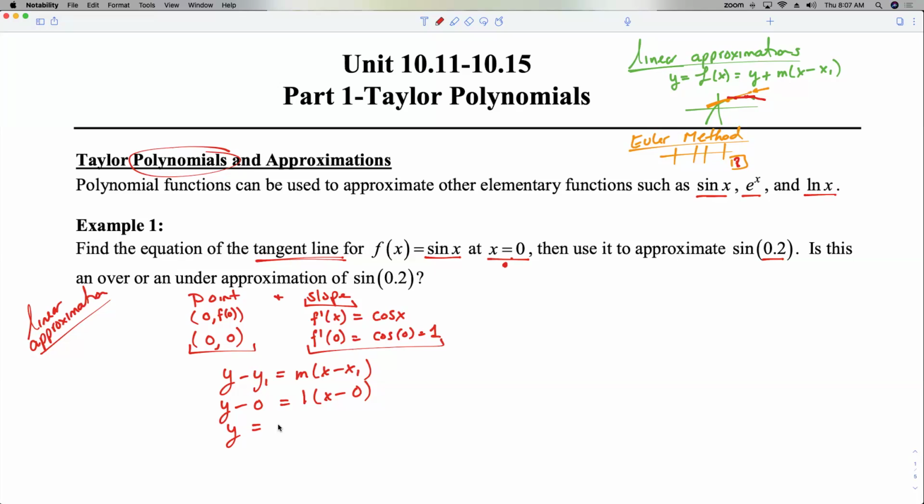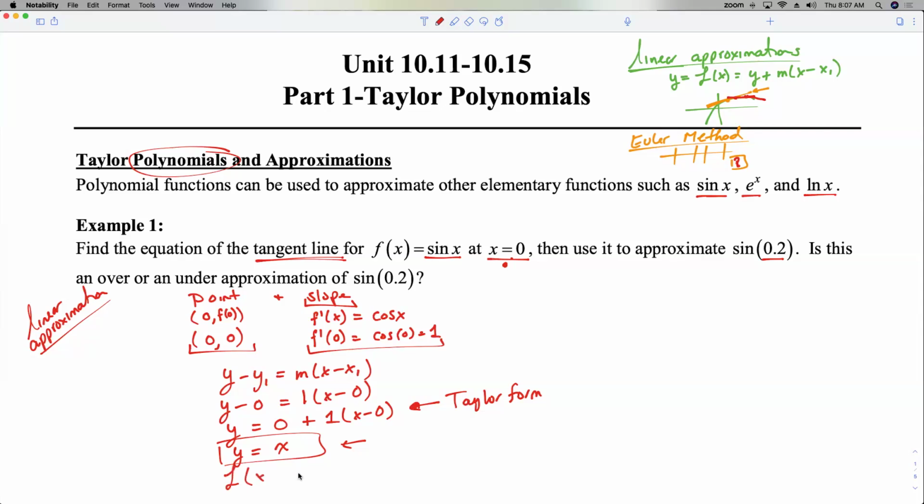When we rewrite this in y-equals form, we get 0 plus 1 times x minus 0. This form is called the Taylor form, a Taylor form approximation. Of course, when we clean this up, it ends up being just y equals x. So this is the equation of the tangent line in Taylor form.